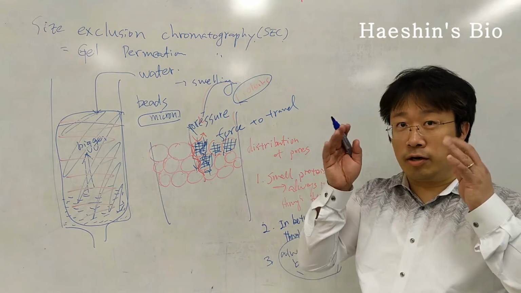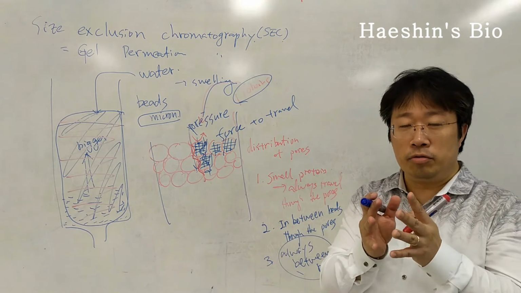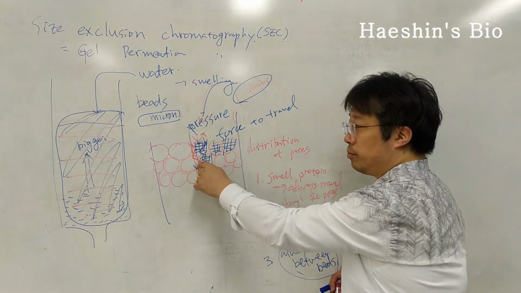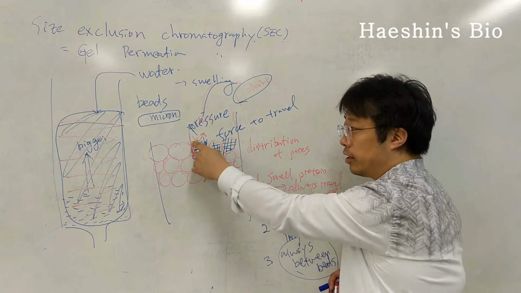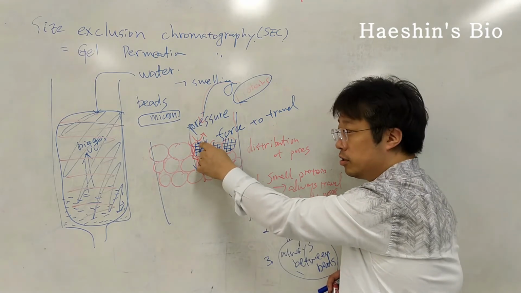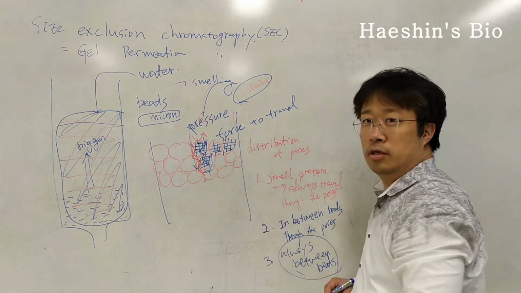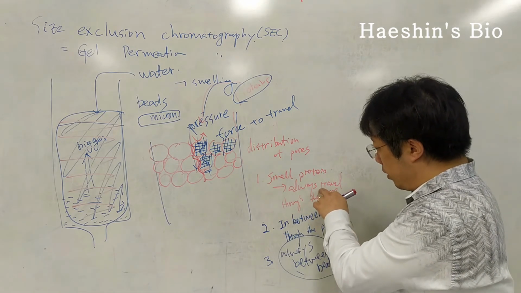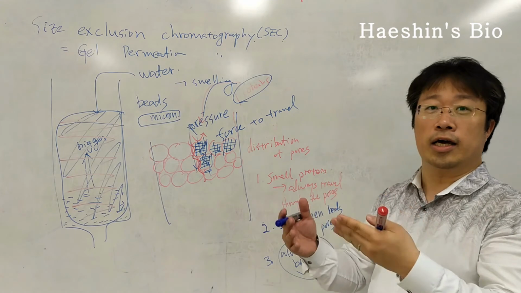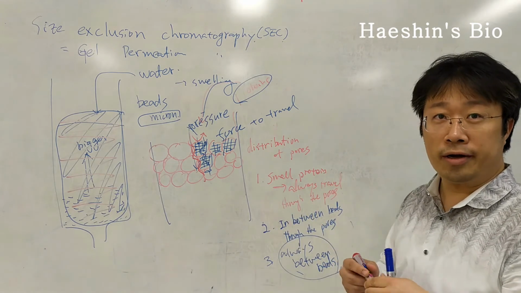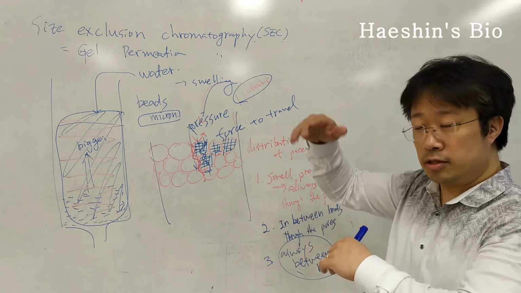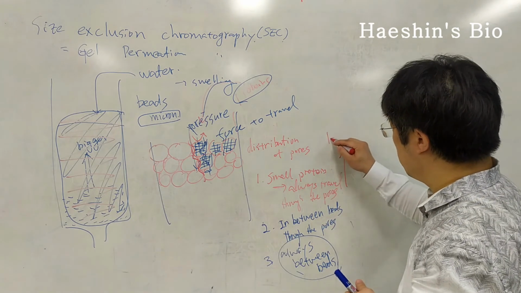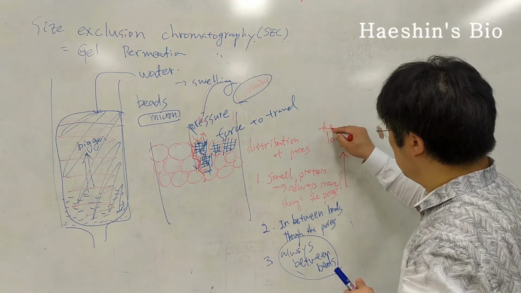So you can imagine now, as the size of the protein gets bigger and bigger, they go rather than inside the beads and through the pore networks, they travel the pathway between the beads. So if proteins always travel through the pore, then the time required to travel from here to here over a certain distance is the longest time required.